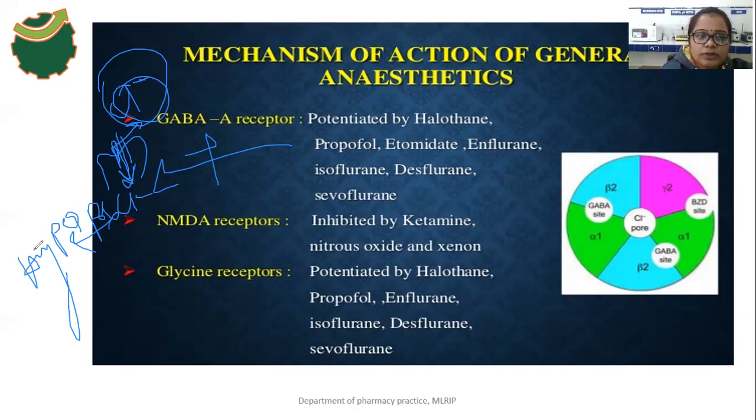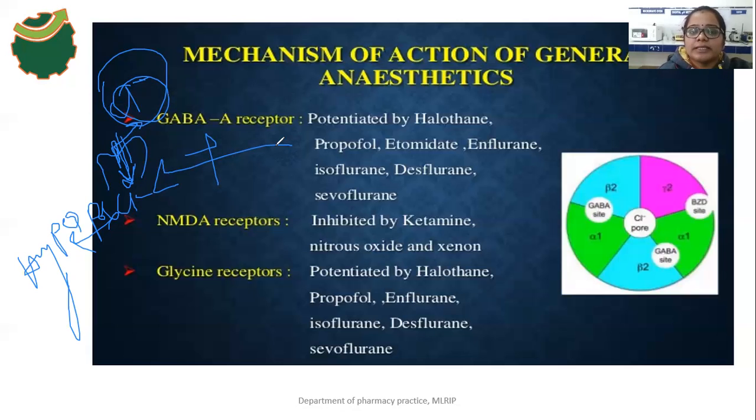It leads to hyperpolarization, so there is no transmission of the signal from one neuron to another neuron or neuron to effector organs. That means neuromuscular transmission decreases.